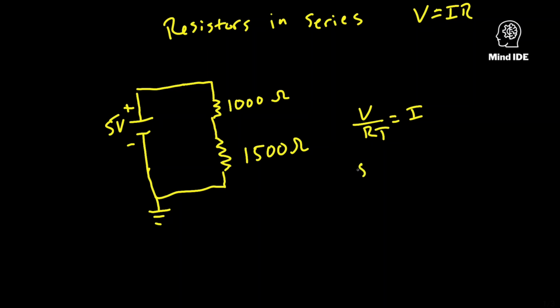So voltage is 5 volts divided by 1,000 plus 1,500 is 2,500 ohms, which is 5 over 2,500, which is going to be 0.002 amps, or 2 milliamps.